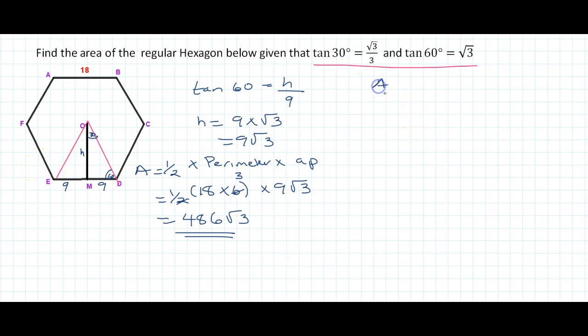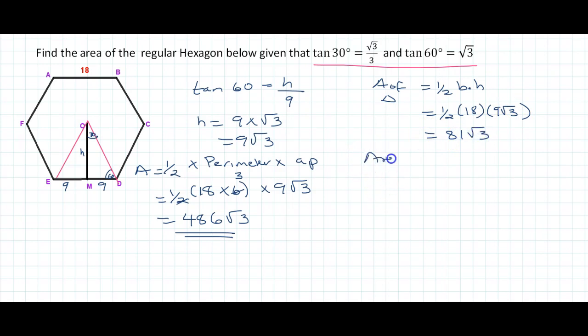So the area of the triangle is 1/2 base multiplied by height, which is 1/2 of 18 multiplied by 9 square root of 3. So this is going to be 81 square root of 3.